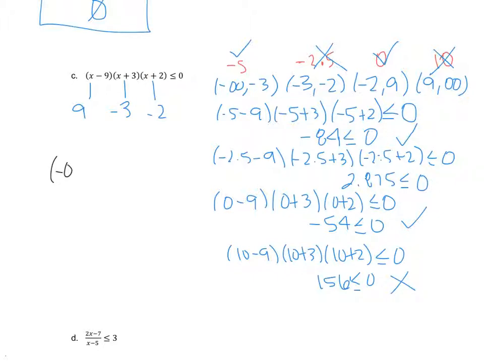So negative infinity to negative 3 bracket, union, bracket negative 2 to 9 bracket. So make sure that you are careful on that symbol, okay? This is the first one that we've done where it's included, and so you've got to make sure if this symbol has an equal to sign underneath it that you do a bracket instead of a parenthesis in your solutions.